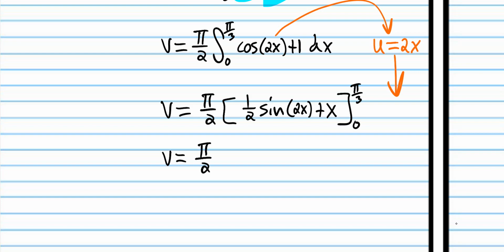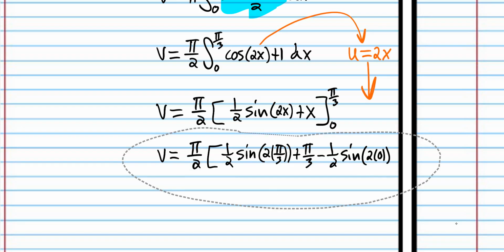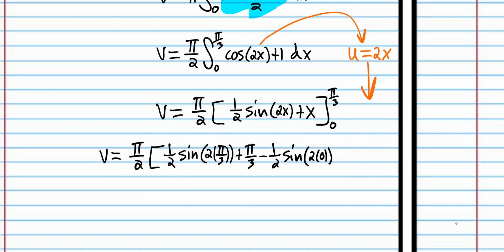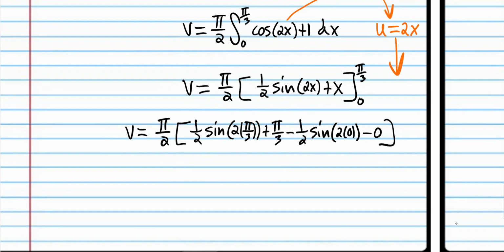So now we're ready to proceed. We're going to plug in 1/3, or excuse me, we're going to plug in pi over 3. Then we're going to subtract that same expression with 0 plugged in. So there you go.